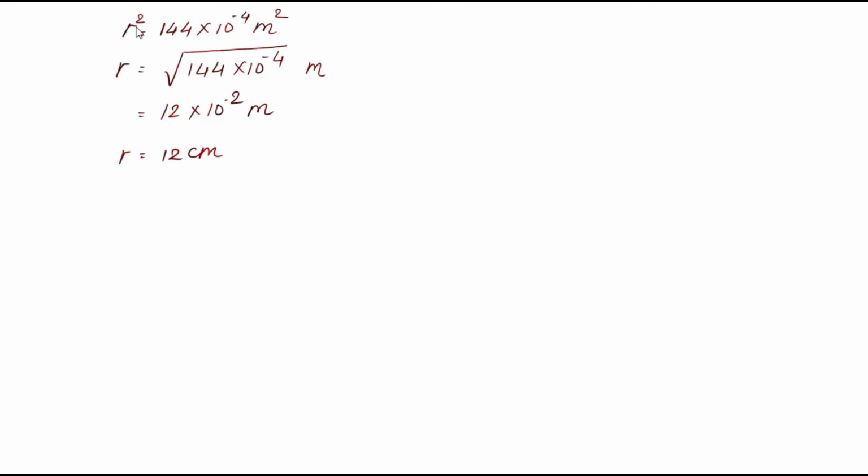So finally we have R square is equal to 144 into 10 raised to minus 4 meter square, and then R is equal to under root of 144 into 10 raised to minus 4 meter. As 144 is the square of 12, 12 comes out, and under root of 10 raised to minus 4 is 10 raised to minus 2 meter. It means 12 centimeter is the distance between the two spheres.